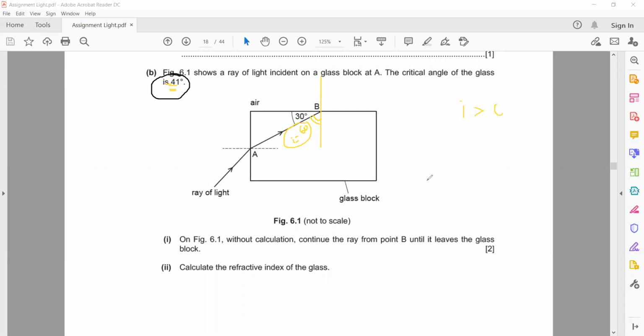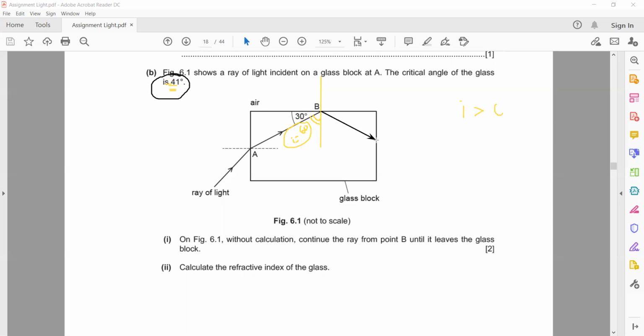It will undergo total internal reflection. It will not refract, because the critical angle is the angle at which the light will travel at 90. If the angle is more than the critical angle, the light will reflect. No refraction occurs. The light will reflect.